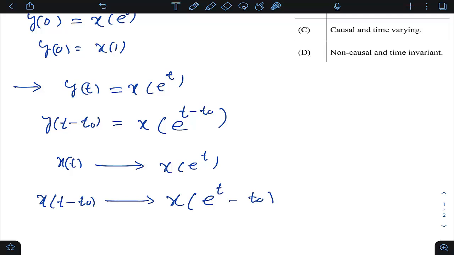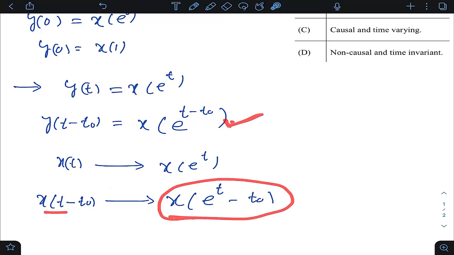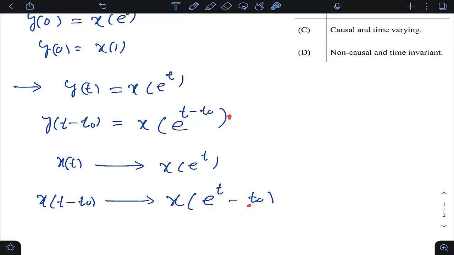This is the output because of the delayed input, because the system replaces t by e raised to power t. So this is the response because of the delayed input, and the other is the delayed output. You have to check whether these two expressions are the same or not.